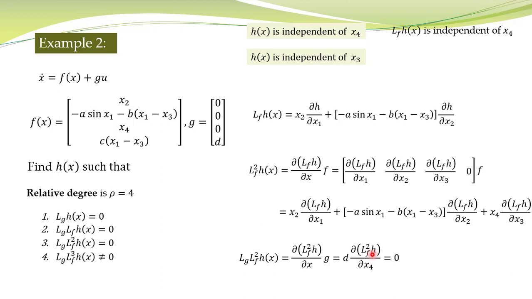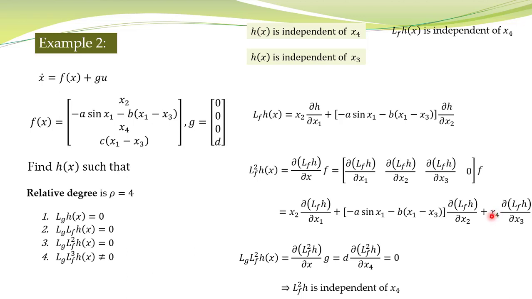Second Lie derivative of h of x along f of x, that should be independent of x4. So L_f squared h of x is independent of x4, and we have already computed L_f squared h of x, which is given over here. So here is x4.